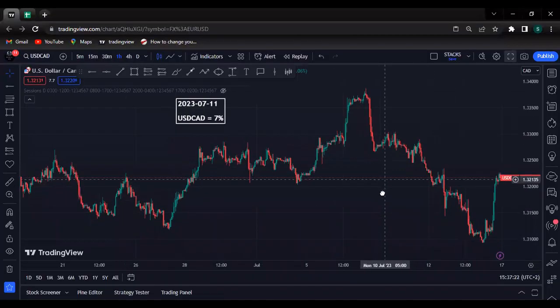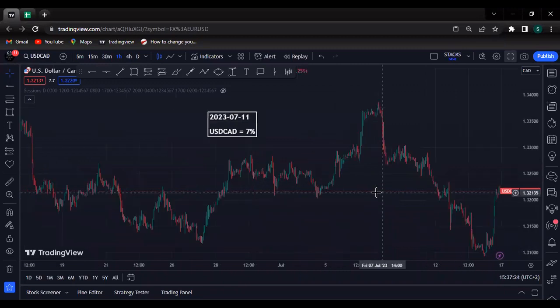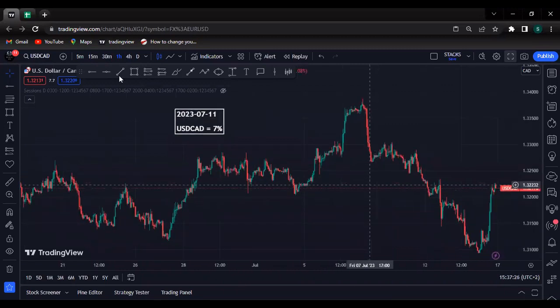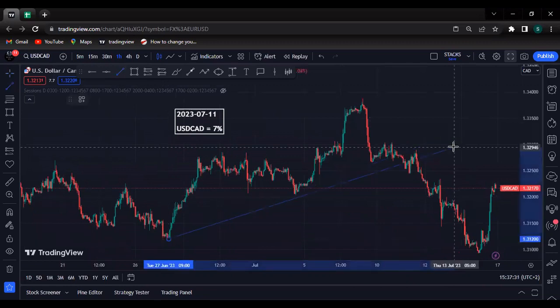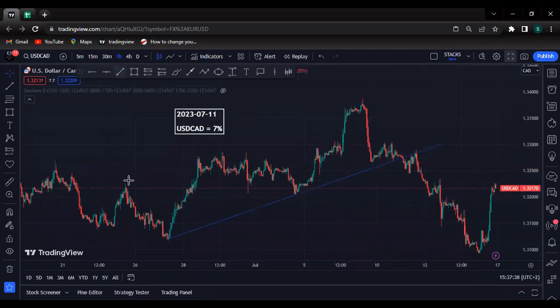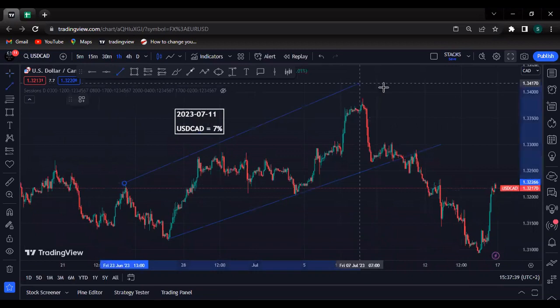So with USDZAR, how I got the trade was I spotted this uptrend right here, and my resistive trend line up here.